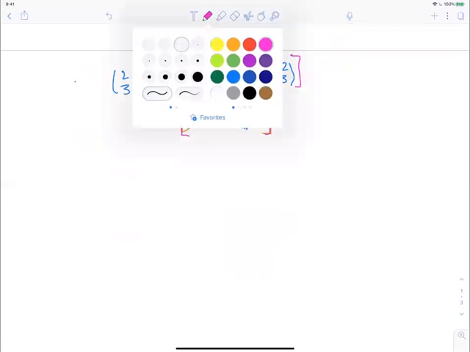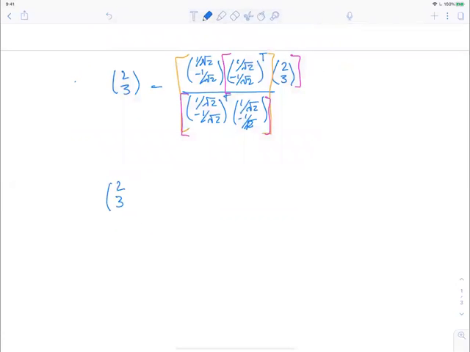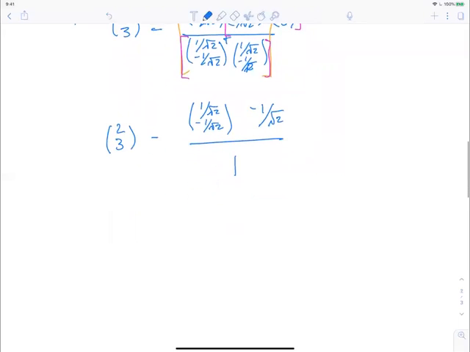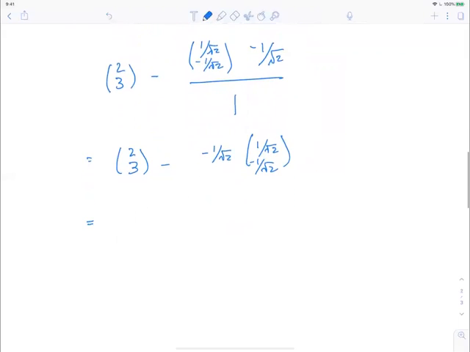So in this case, this is 2, 3 minus the vector times minus 1 over square root of 2 over 1, or just 2, 3 minus 1 over square root of 2 times the vector. And I'm going to leave it like this for now. We're going to need that later.